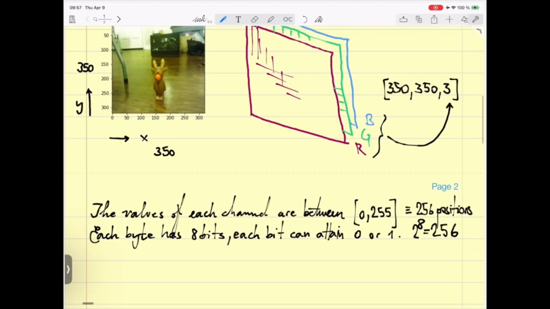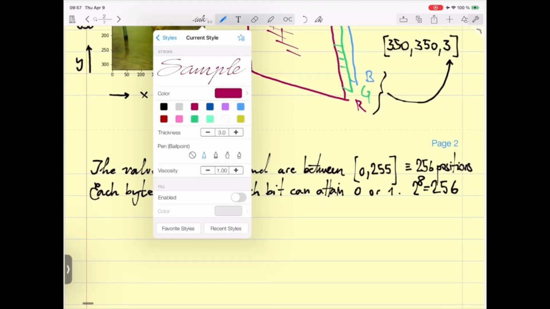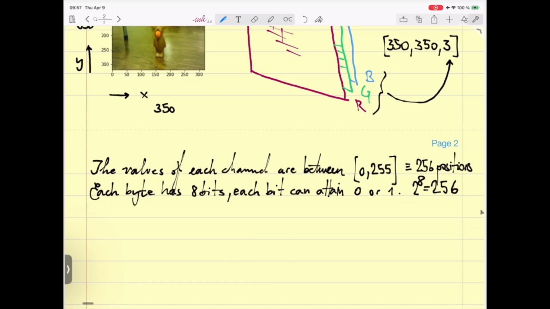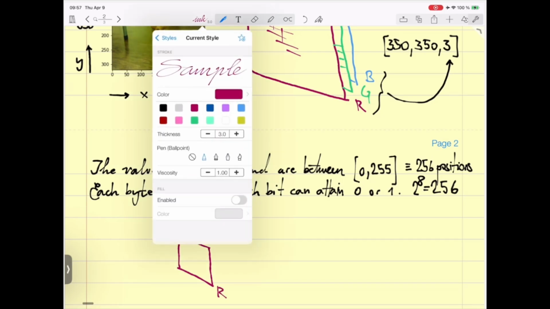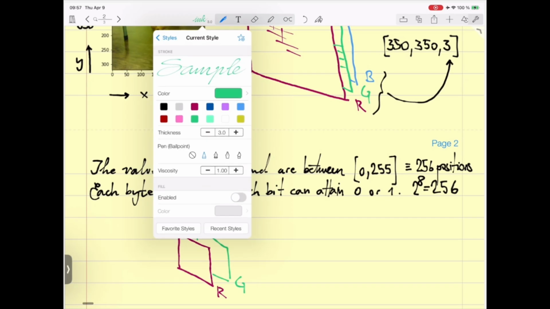So each one of the pixels that you see, each pixel is in reality 3 values superposed. One for R, one for green, one for blue.